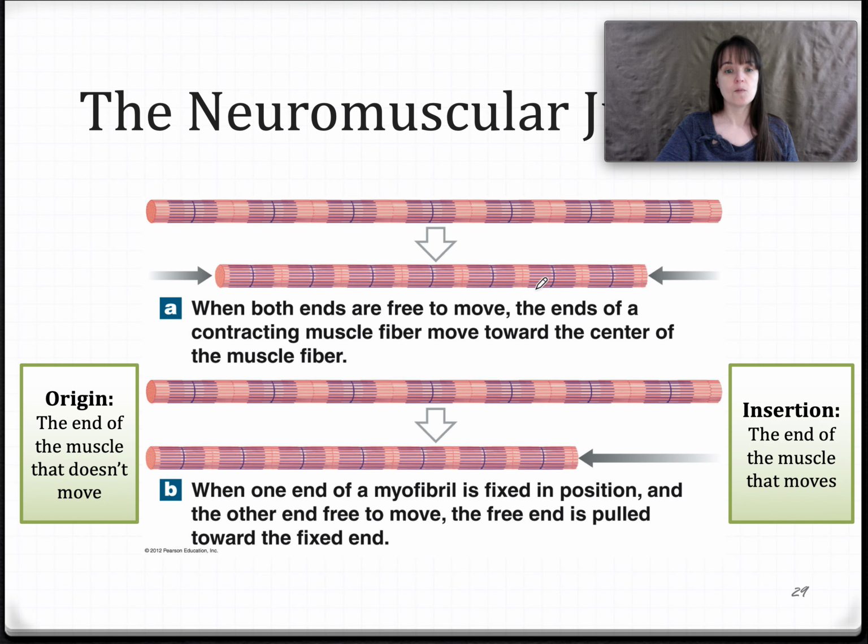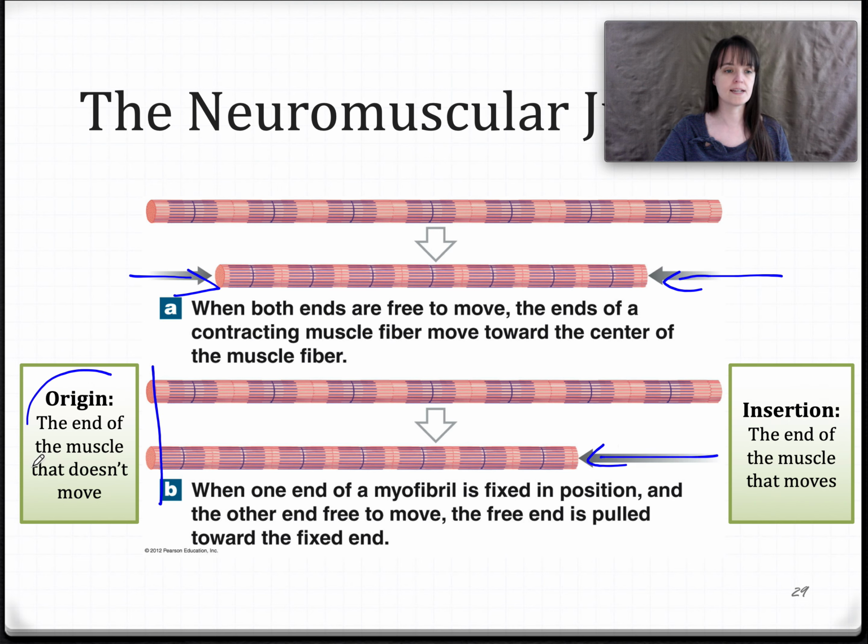Now when both ends are free to move, then they pull in together. That doesn't happen very often. Like the sternocleidomastoid, both ends sort of move. Not really though. Generally, there's one end of the muscle that is fixed and the other that can move. The fixed end is called the origin.